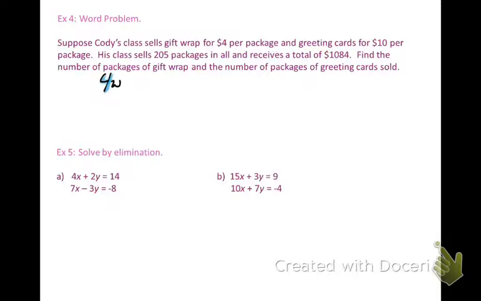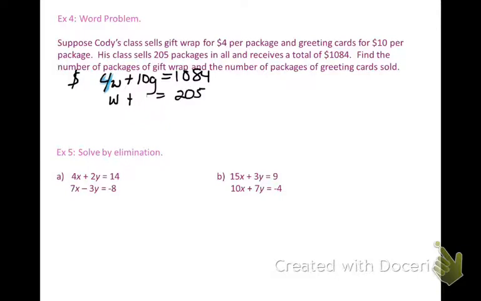Plus $10 for greeting cards, G. And since we're talking still about money, the total cost is $1,084. Okay, his class sells 205 packages in all, so the W plus the G equals 205.